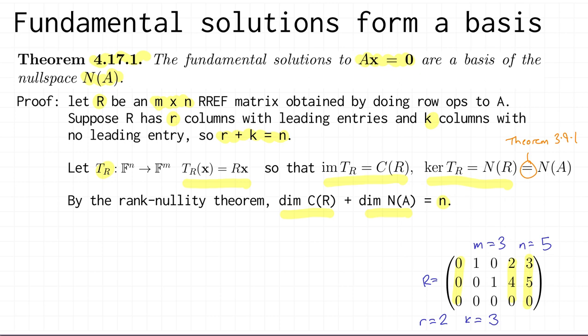The k fundamental solutions to Ax equals 0, and there are k of them because there was a fundamental solution for each column with no leading entry, are linearly independent. We proved this a few videos ago. I think that was lemma 4.11.2.